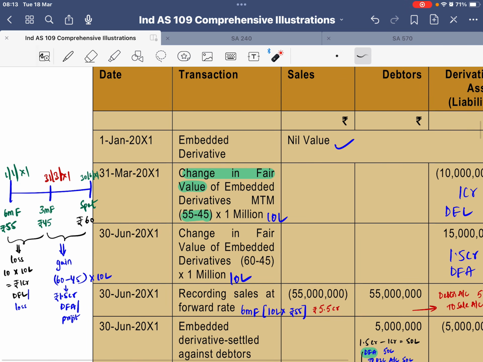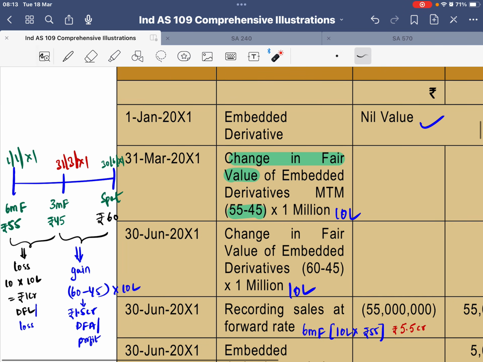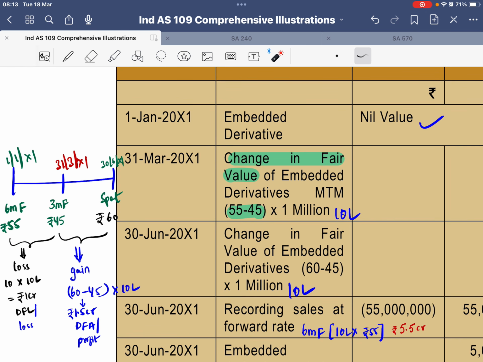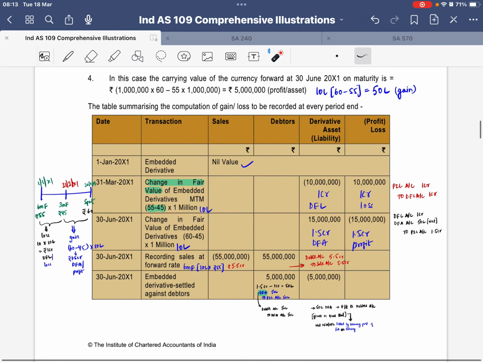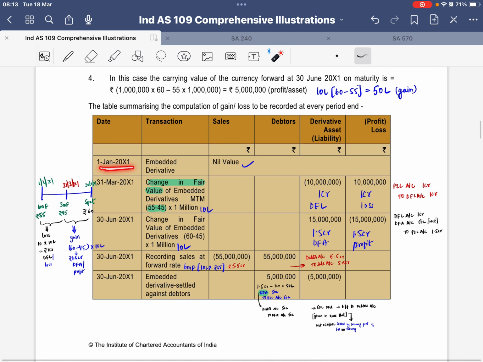On 1st January 20x1, we take a 6 months forward at rupees 55, and on 31st March 20x1, which is the reporting date, 3 months forward is 45 rupees. The loss is 55 minus 45 into 10 lakhs, which gives rupees 1 crore DFL loss. On 1st January, embedded derivative nil value.